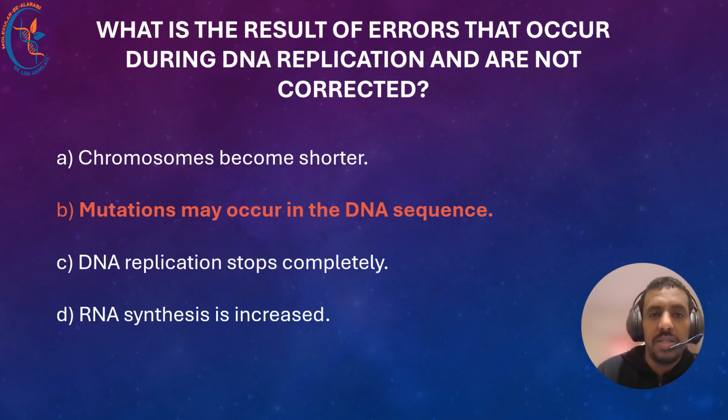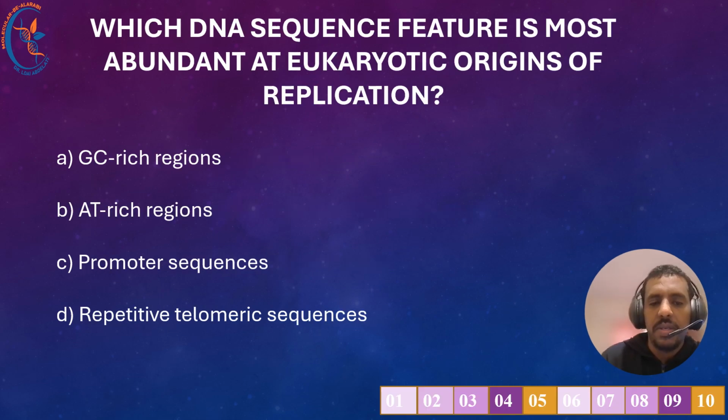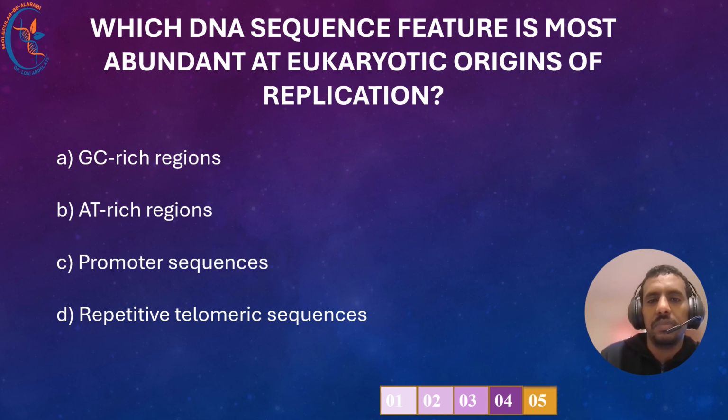Okay, let's move on. Here, the question is: which DNA sequence feature is the most abundant at eukaryotic origins of replication? All right.